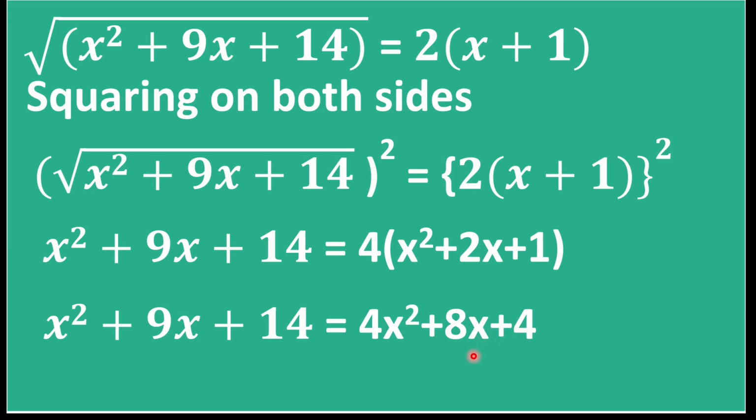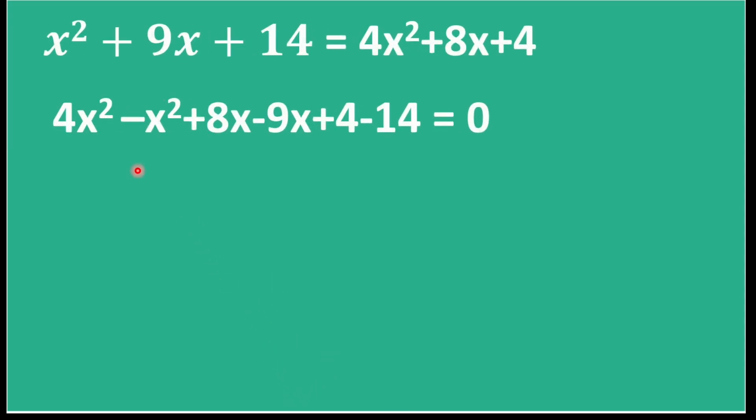So now we will take the variables and the constant on one side. So 4x square minus this x square on this side, and then plus this 8x, and this will become minus 9x because we send this value on the side of the equation, and this plus 4 and this plus 14 will become minus 14 and equal to 0.